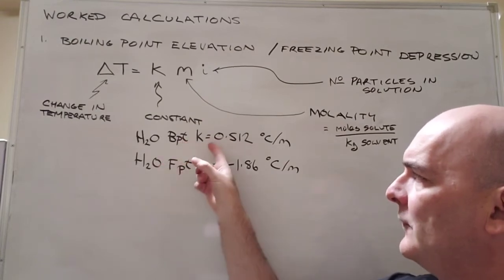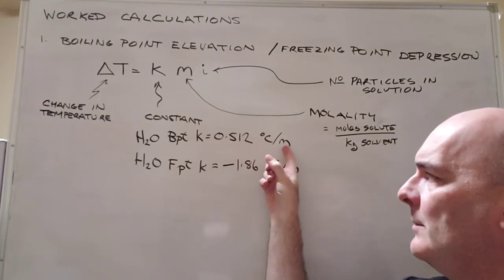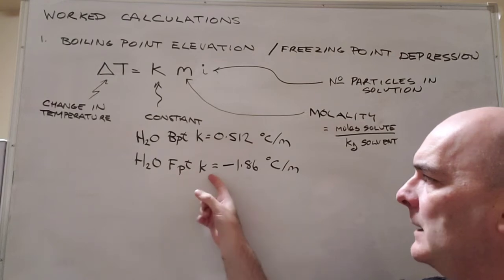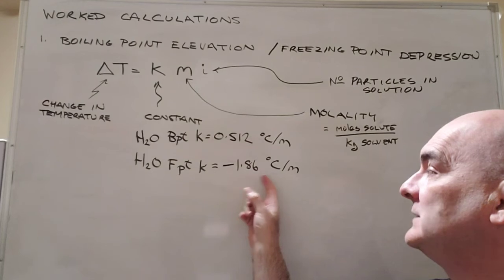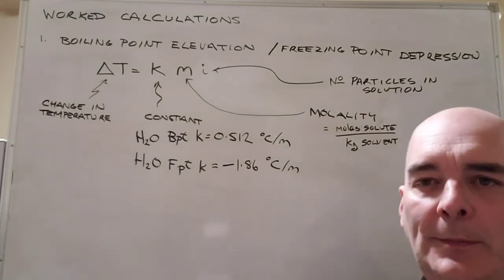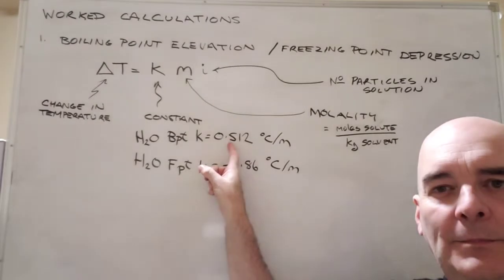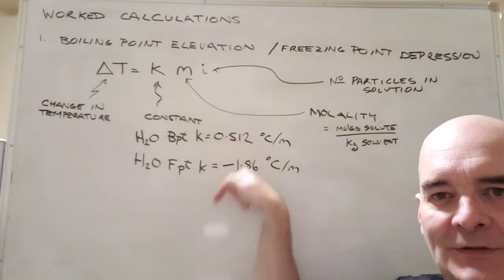The constant for boiling for water is 0.512 degrees Celsius per molal. And for freezing point, K is negative 1.86 degrees Celsius per molal. We're going to make boiling point elevate, and we're going to make freezing point depress.